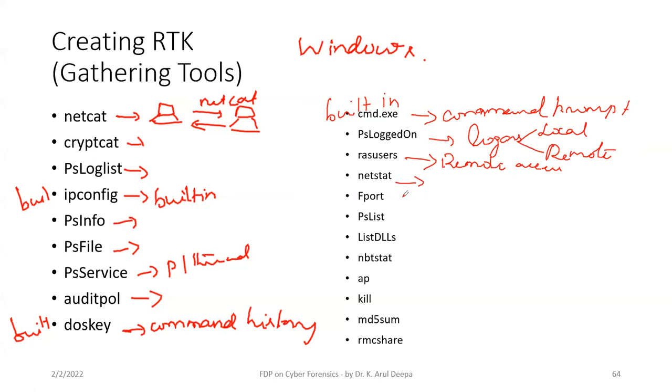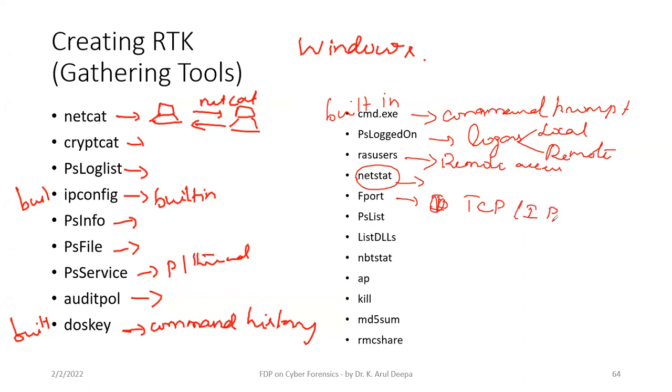Netstat is a command that enumerates all the listening ports and all the current connections to those ports. Whereas Fport enumerates all processes that opened any TCP/IP port.